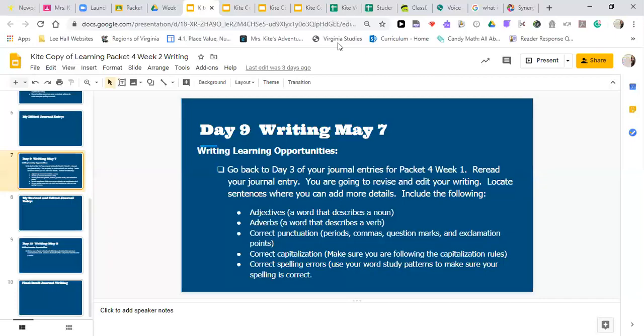This means any noun that has a name should be capitalized. Those names are capitalized. I, when referring to yourself, is capitalized. Correct your spelling errors. Use your word study patterns that you learned this year to make sure your spelling is correct. And also, if you need to, use a dictionary because there are a lot of exceptions to spelling rules.